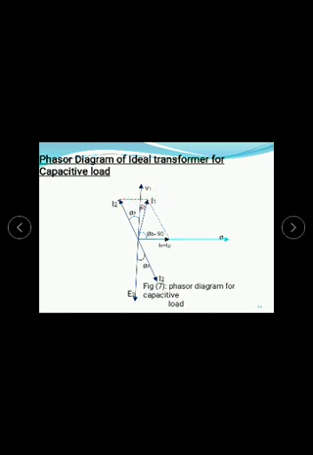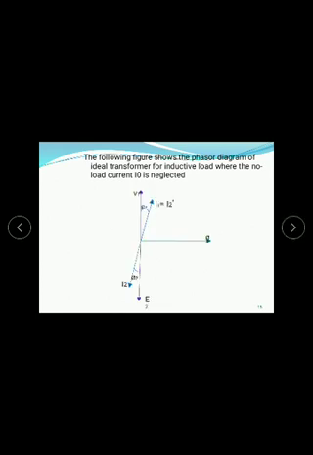This is the phasor diagram for capacitive load. So when I0 is neglected, I1 is equal to I2 dash.